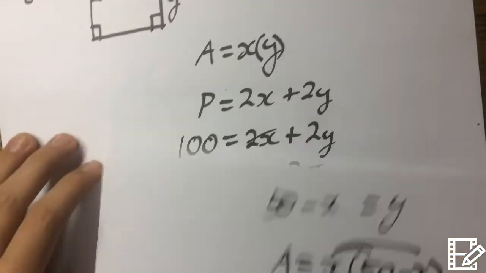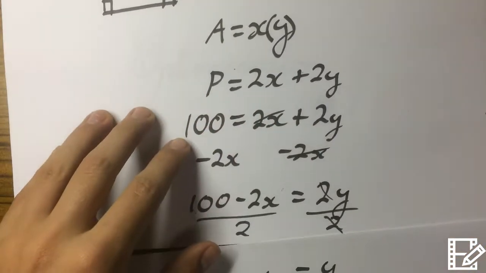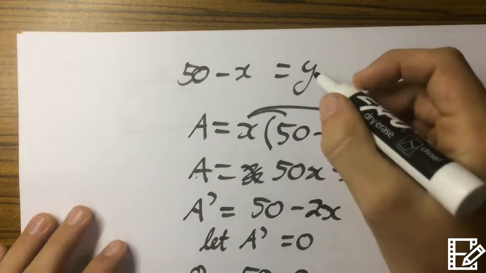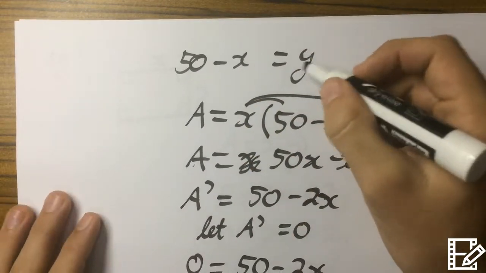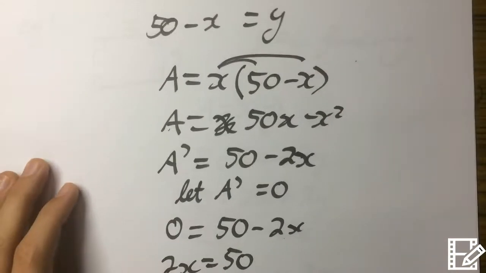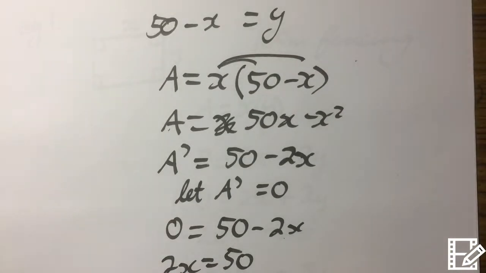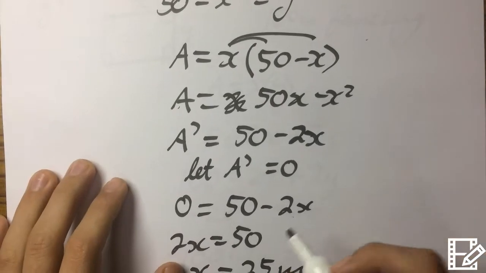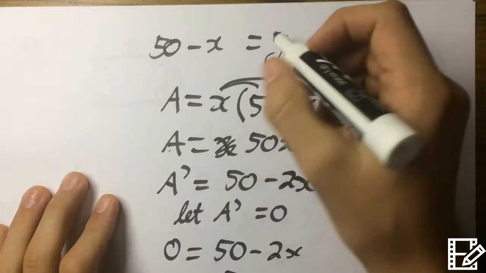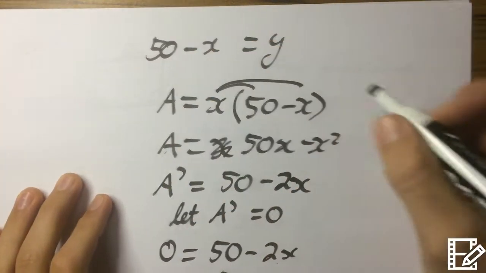Now we have an equation here at the top. We have y, but we need x to solve. Lucky we found x. So y equals 50 minus x.